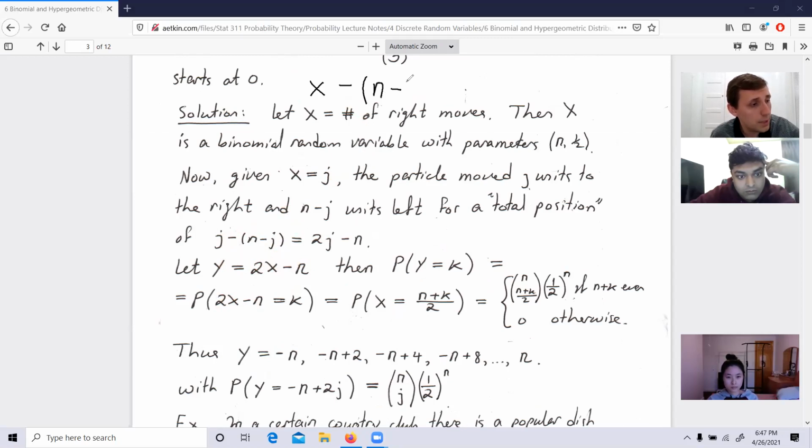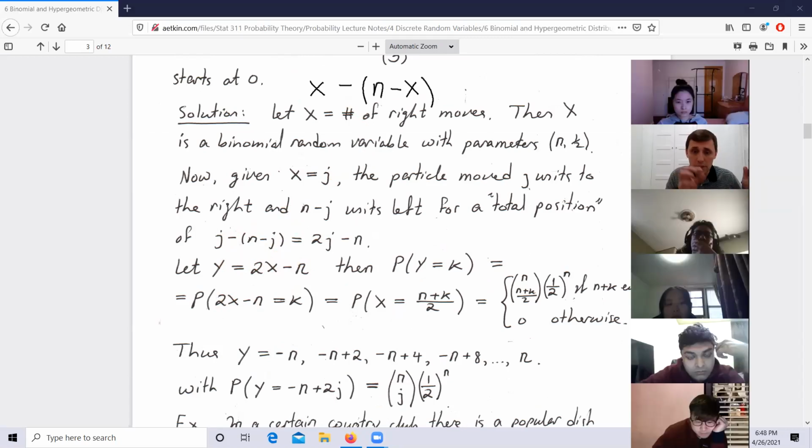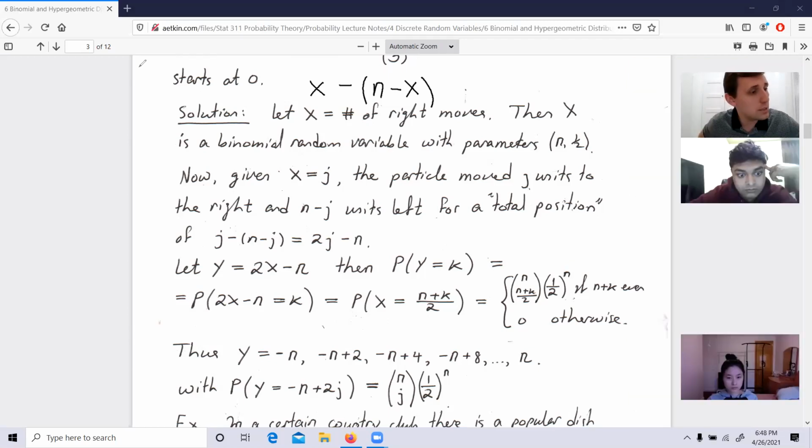It's n minus X, right? If X from 0 all the way to n are my right moves, then n minus X, the remaining ones, are my left moves. The reason I subtract is because left moves mean move to the left, and right moves mean move to the right. And I obtain, this is my random variable Y, I obtain 2X minus n.